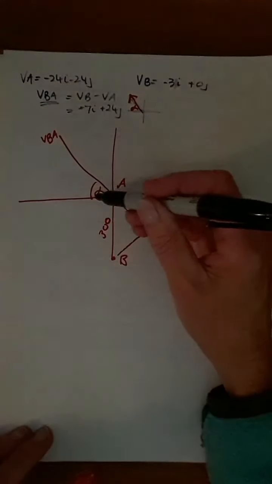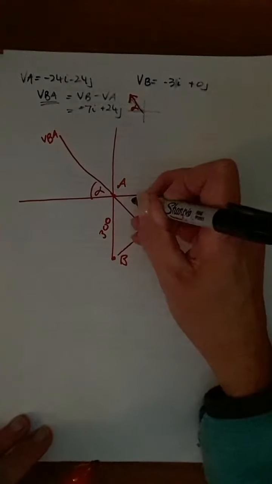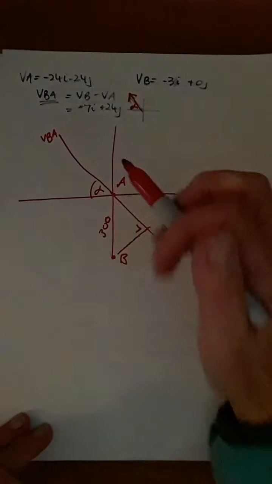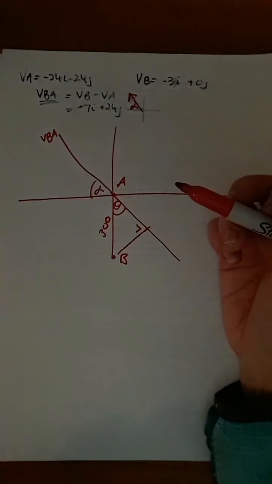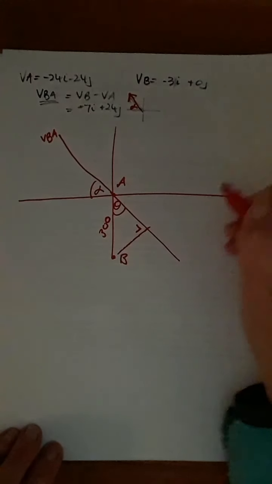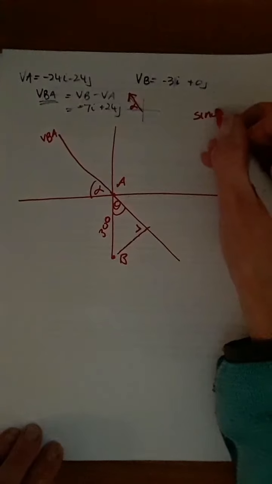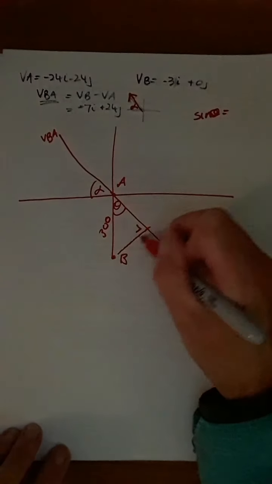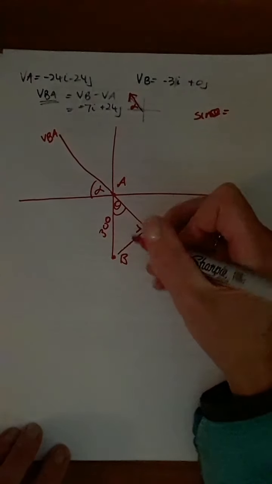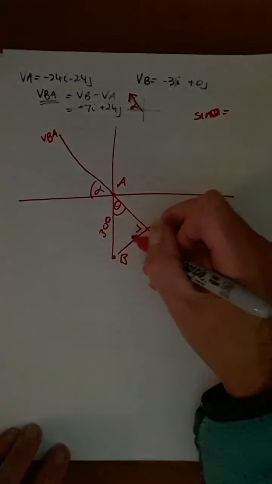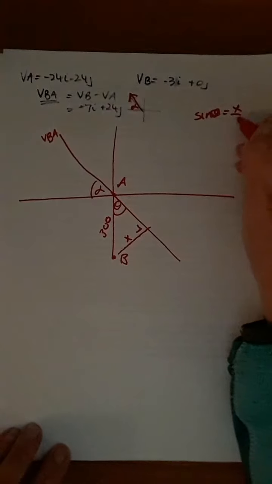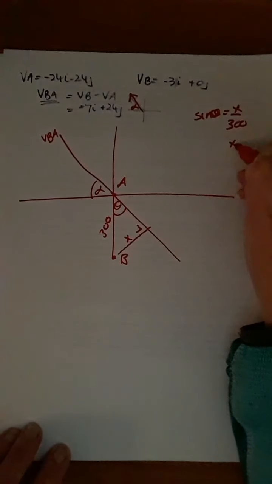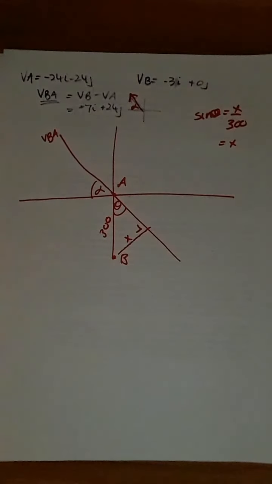By the opposite rule, this over here is alpha, which means I'm going to call this angle in here theta. So the sine of theta is equal to this closest distance, which I'll call for the time being x. So sine theta is x over 300, and that allows me to get the closest distance.